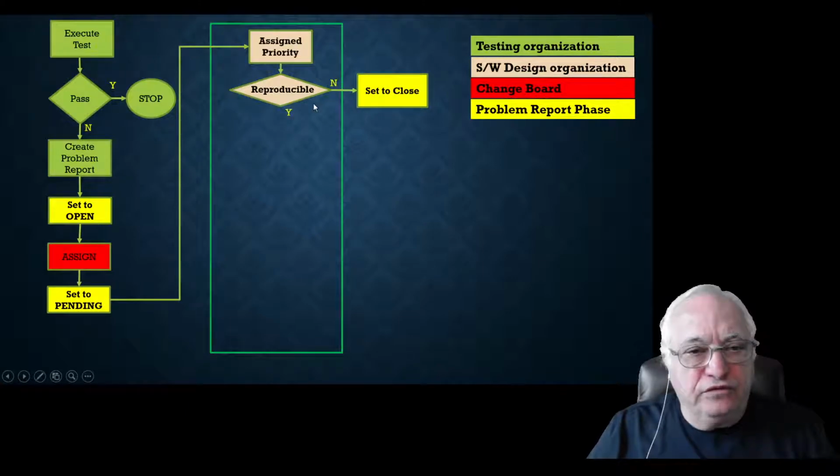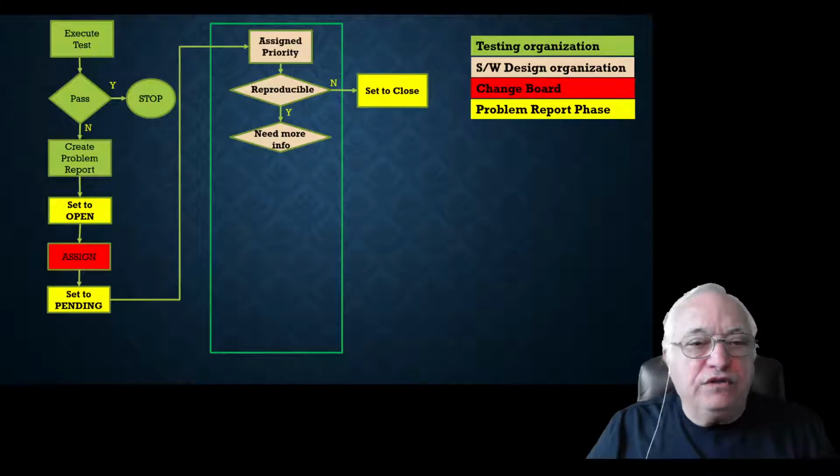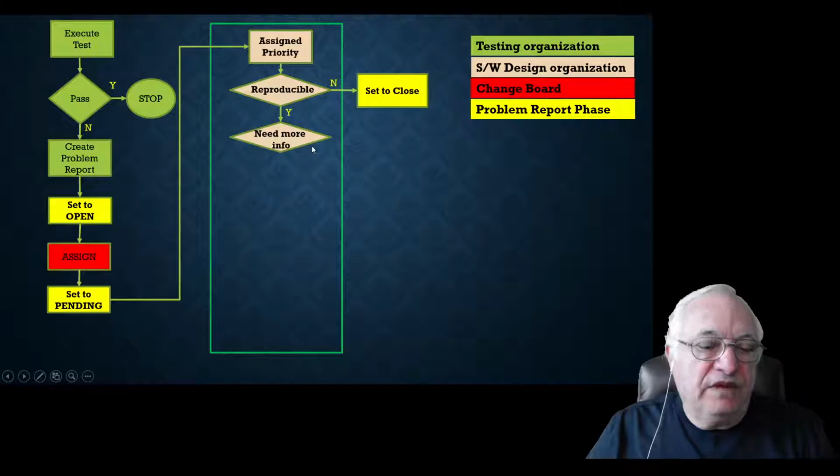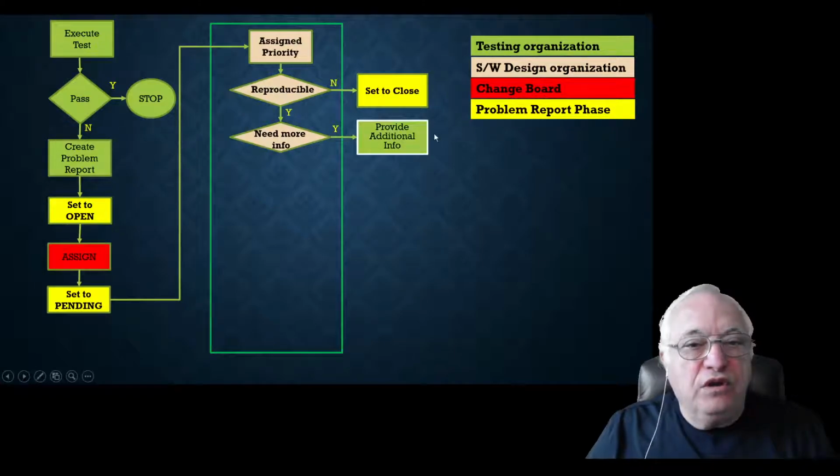If it's reproducible, then the next question is whether or not they need more information to resolve it. If they need more information, then yes, it's going to go to the test organization here in green, that they have to provide the additional information. So they would provide the information, then they would go back to, do I need more information? And then it would just follow this flow.